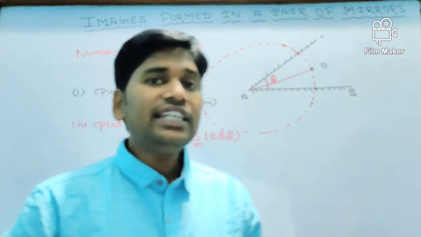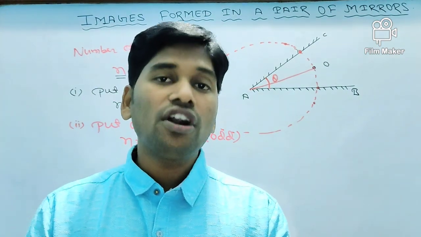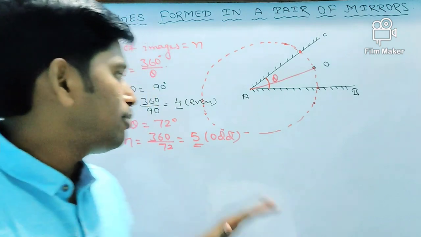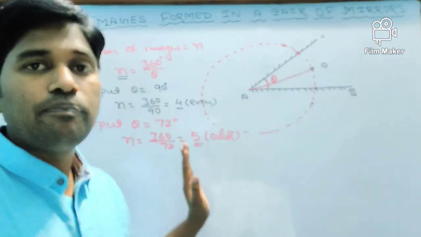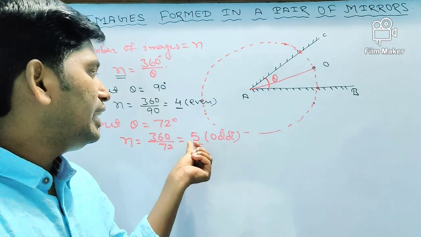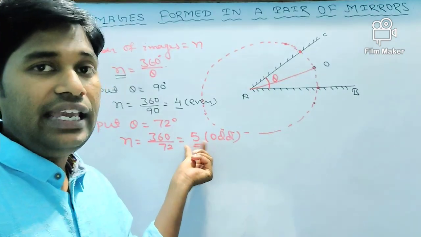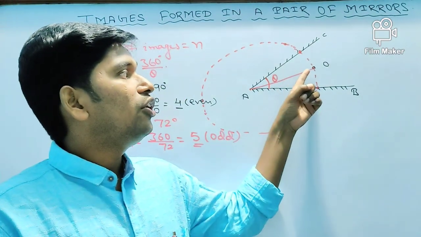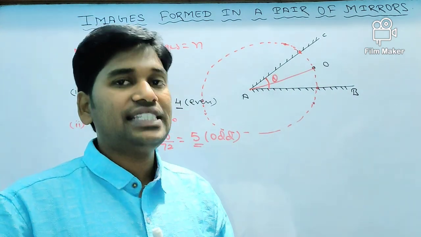So if the value of n is an odd number, then the number of images formed by the inclined pair of plane mirrors will be exactly 5, in case the object is not placed on the angle bisector.